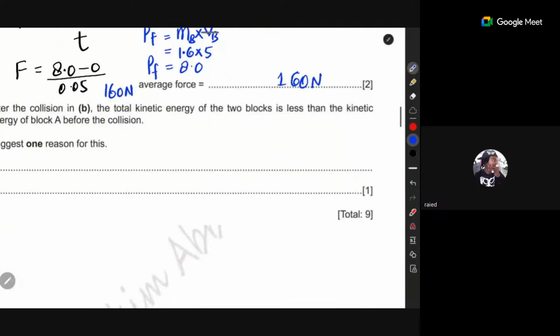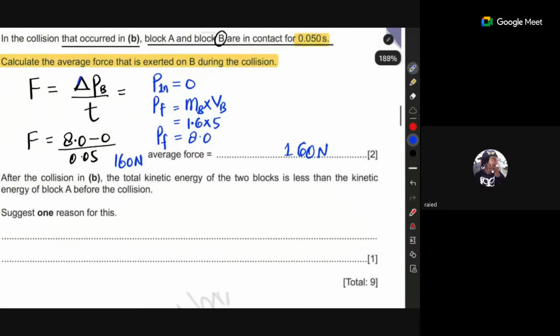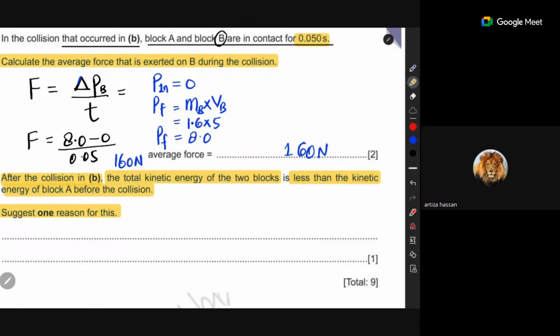Yes. Okay. The last part: after the collision, the total kinetic energy of the two blocks is less than the kinetic energy of block A before collision. Suggest one reason for this. So I told you that the kinetic energy of the blocks will not remain the same because they are not having an elastic collision.